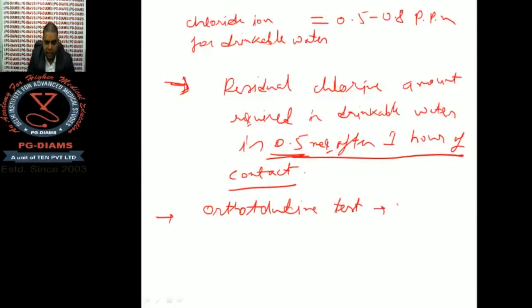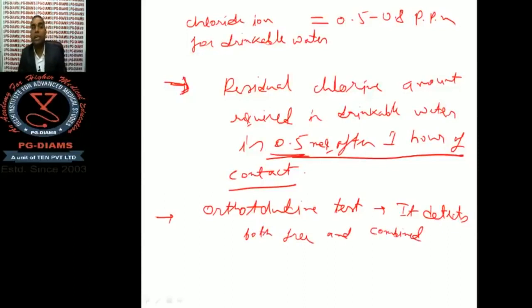The orthotolidine test detects both free and combined chlorine, because if chlorine is present in free form, only then will it lead to decontamination of water.